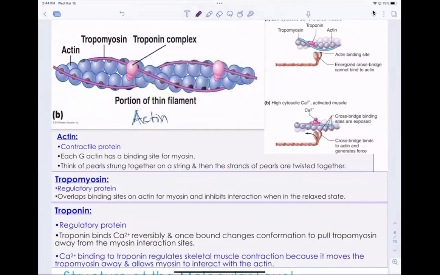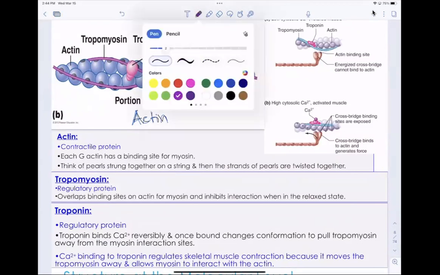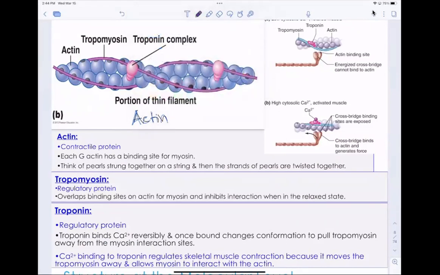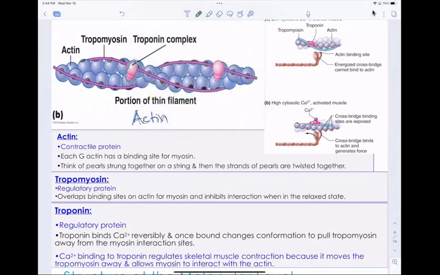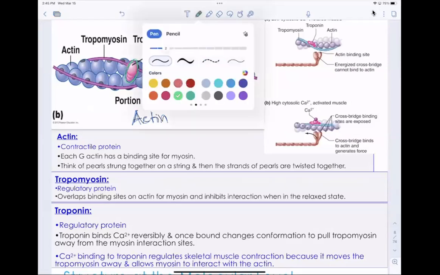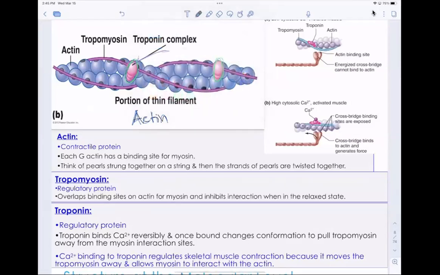This right here is a troponin complex. Now, what a troponin complex is for is to bind calcium. So when calcium is let out of the sarcoplasmic reticulum, that calcium can bind to troponin.